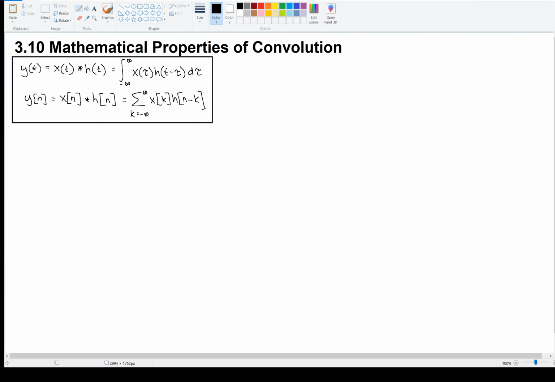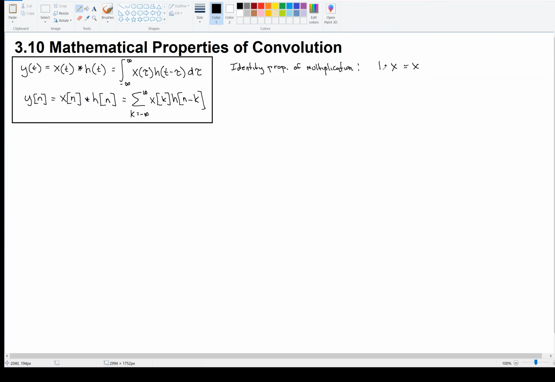So first of all, speaking of multiplication, it has an identity property. The identity property of multiplication says that 1 times x, where x is a number, is just x.